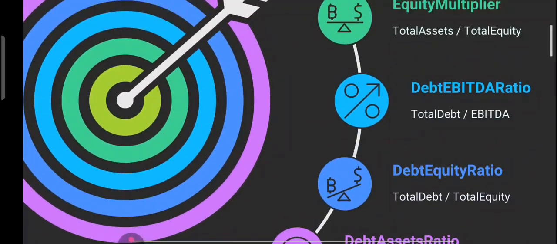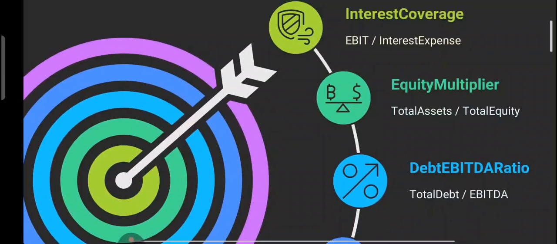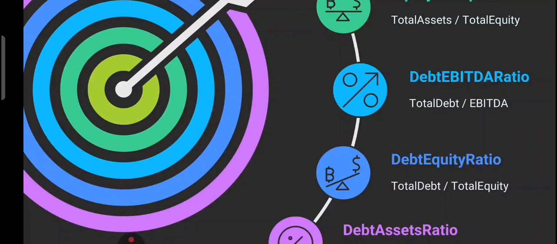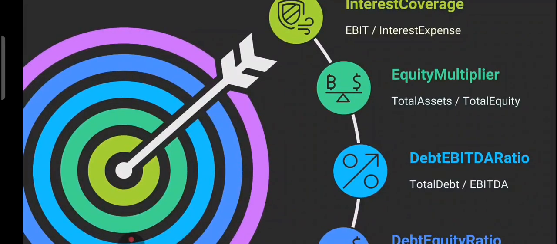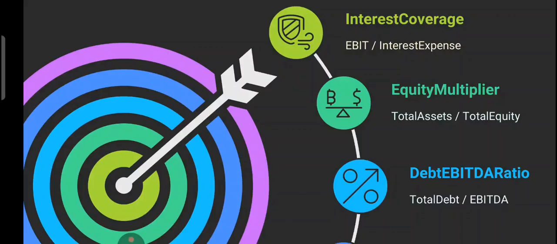So we have discussed 5 different ratios. On those ratios where debt is in the numerator, the ratio should be lower. And for those ratios where EBIT or interest expense is in the numerator, those ratios should be higher. That is the basic funda. These 5 ratios combined decide the financial structure of a company.